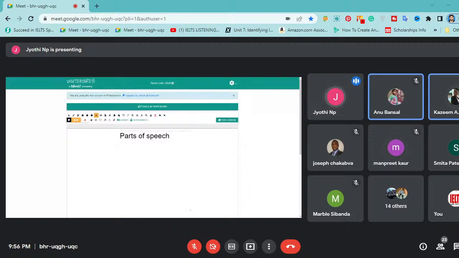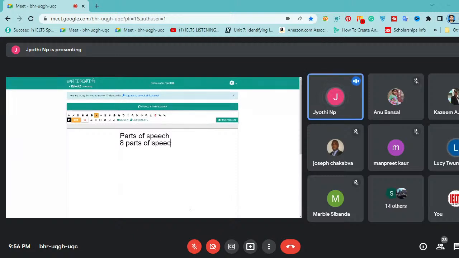Okay. So here now, we have something based on the functions a word does in the sentence. It is called a part of speech. So we have 8 parts of speech. The first one is a noun, which is a naming word.